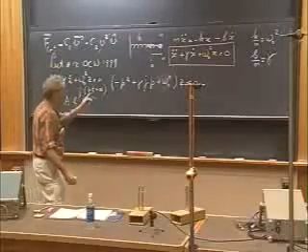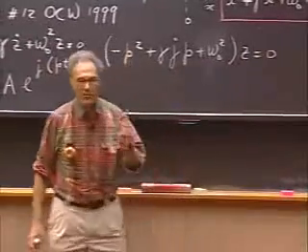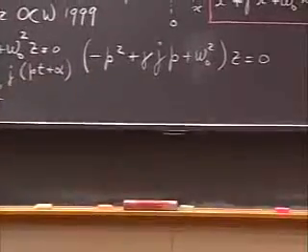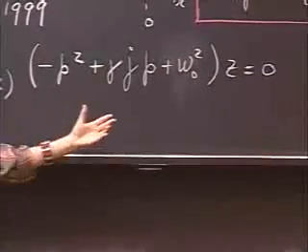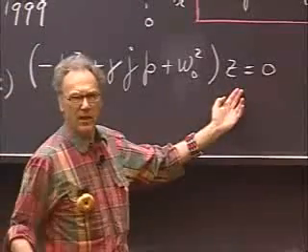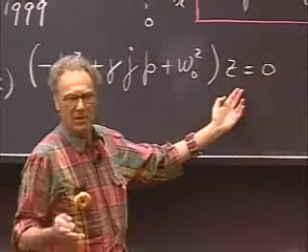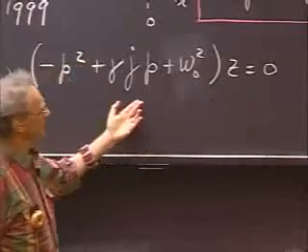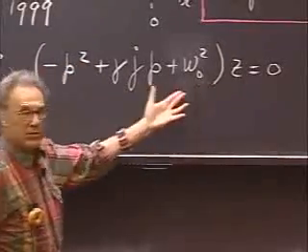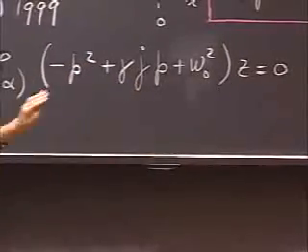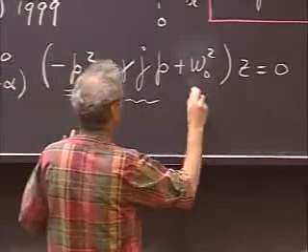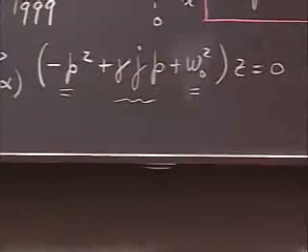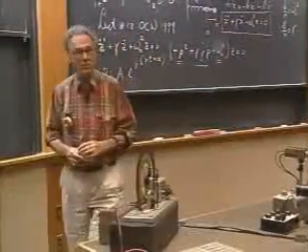If you have an equation like this, you may think it's one equation, but it really is two equations. Because if something like this has to be 0, and of course z equals 0 is not an acceptable solution, because that's the oscillation. If you have an equation which has a real part and an imaginary part, then both must independently be 0.